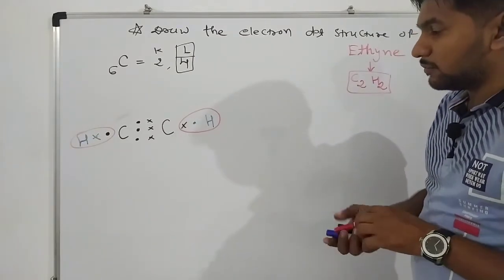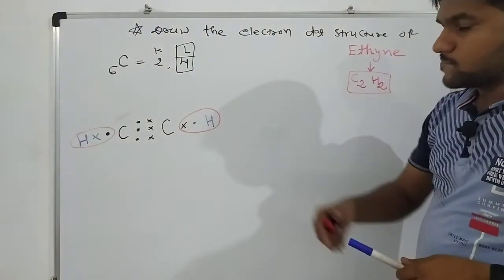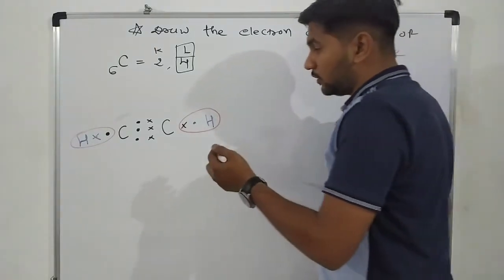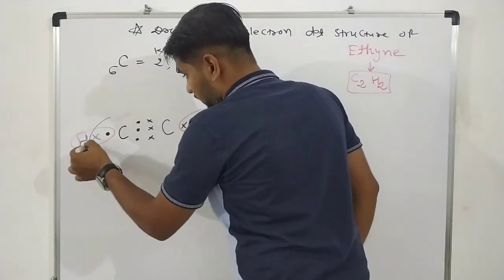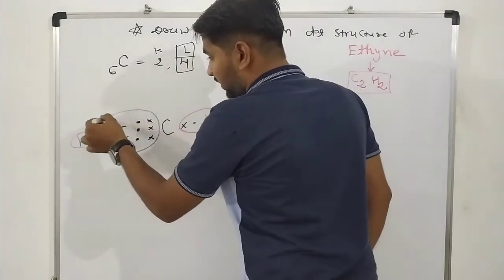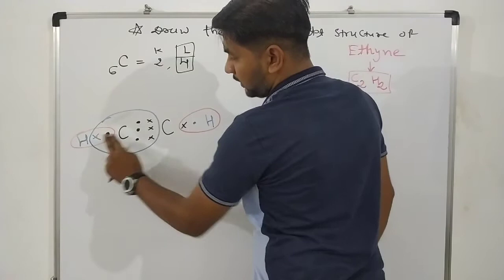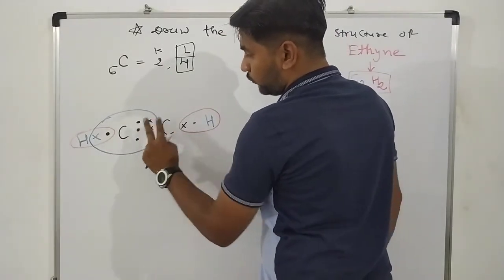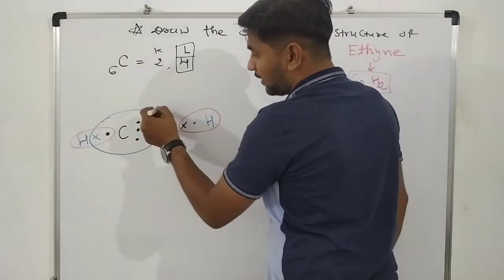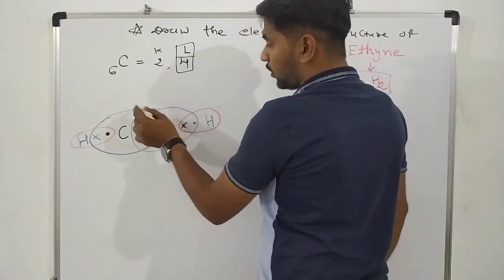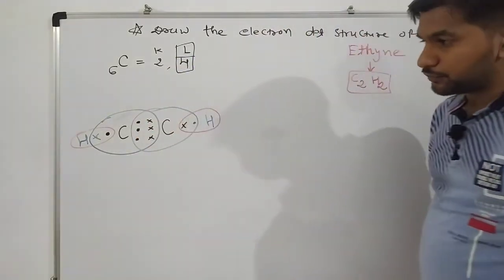Okay, but something is new in this ethyne. So what is new? You can see here that carbon completes its octet: 2, 4, 6, 8. This carbon also completes its electron dot structure, that means the octet rule.